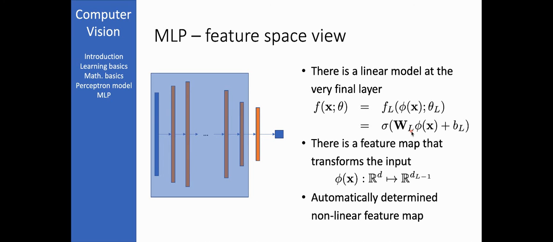Basically, the network creates a different representation of my input, one that I can successfully separate with a linear classification model.